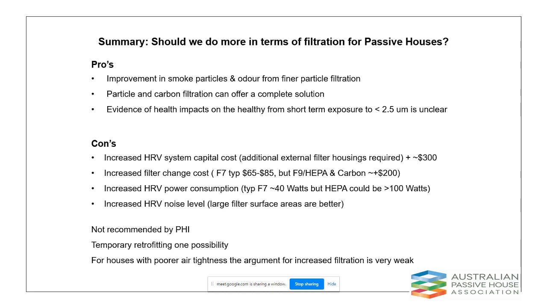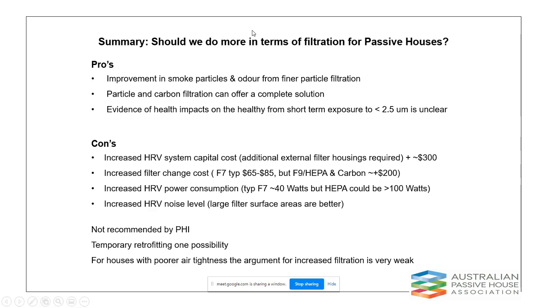And the argument for increased filtration where your building air tightness is low is pretty weak. So for passive houses, there's definitely something in that space. But for some sort of leaky house, then really the infiltration is going to overwhelm anything you've got going on there. So that's all we've got in the way of slides for you.